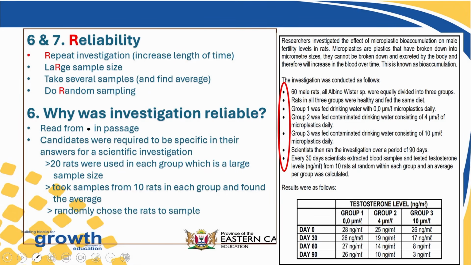The third factor is taking several samples or readings, okay? By taking several samples or readings, all right, you are increasing the number of readings you take and therefore making it more reliable. Usually we take a number of readings and we find an average reading for the investigation.